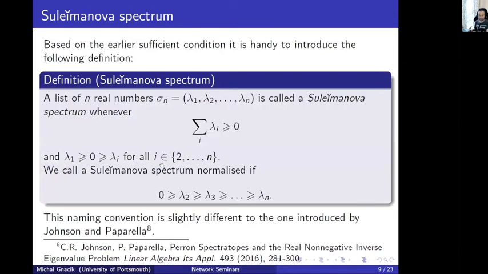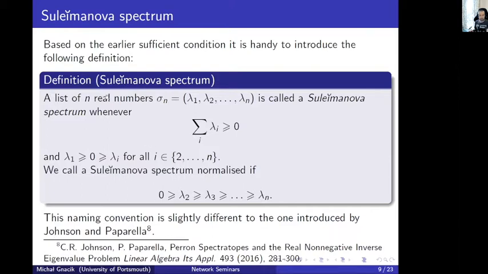And because, as I mentioned, this condition is important for the work that I've done, let me make a definition which originally comes from 2016 Johnson and Paparella. I just slightly tweaked it to adapt it to the further theory that will be required for my result.